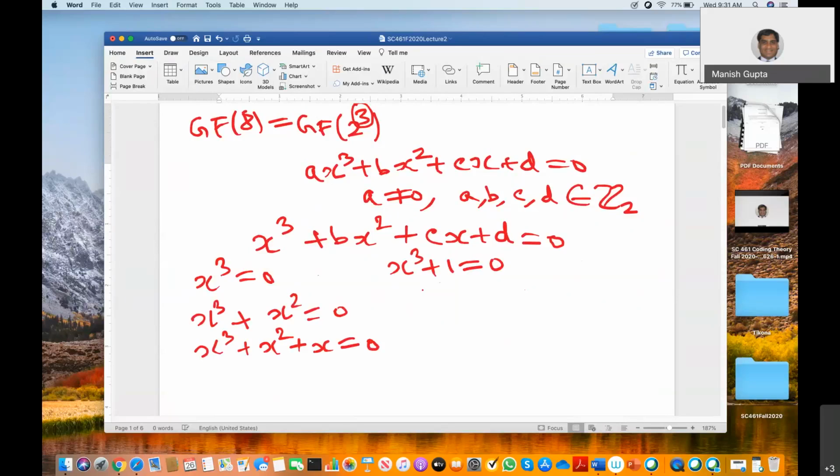Then what are the other equations? x cube plus x square plus 1 is equal to 0, right? x cube plus x plus 1 is equal to 0. Two more equations are left, right? What are those?